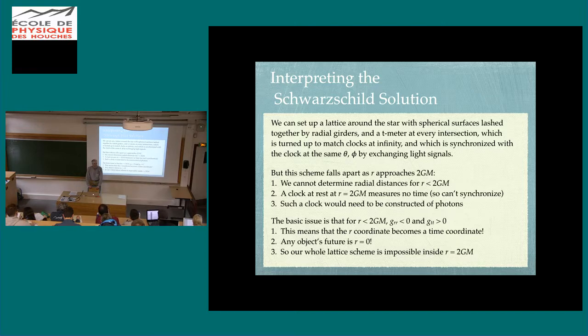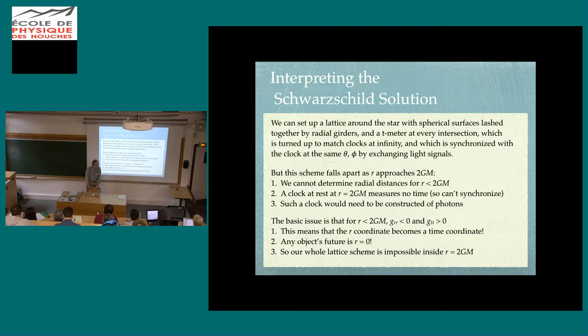But it's still the coordinate that labels spheres. So as r goes smaller and smaller, your spheres are getting smaller and smaller. You really are getting closer and closer to r equals 0. And now it's a time coordinate also, and you must go to r equals 0 with the same inevitability that you must go to the future.